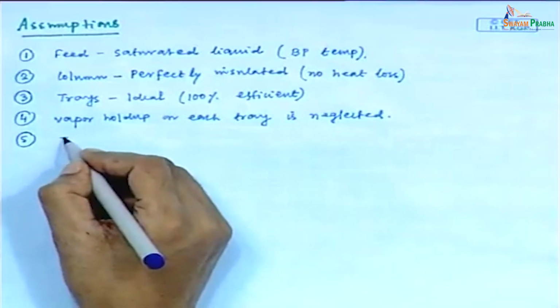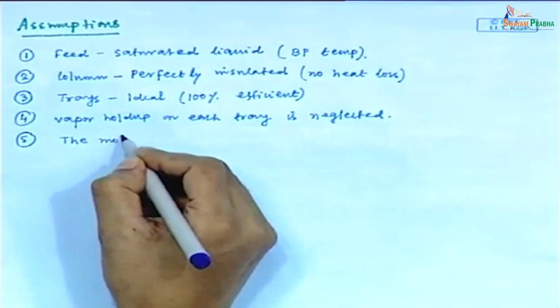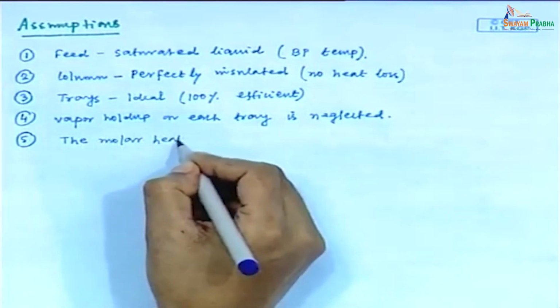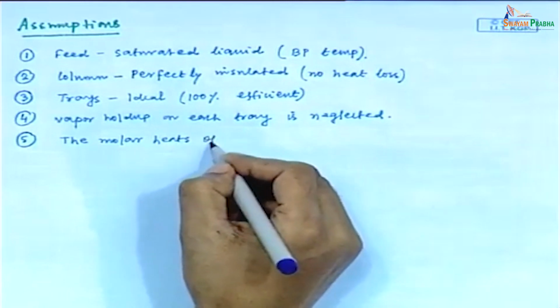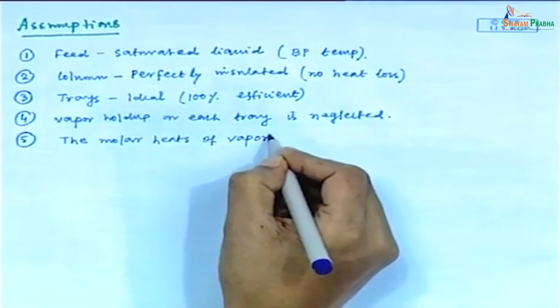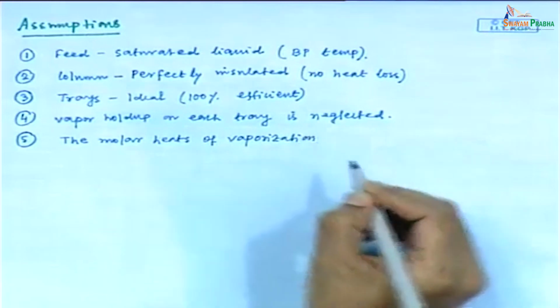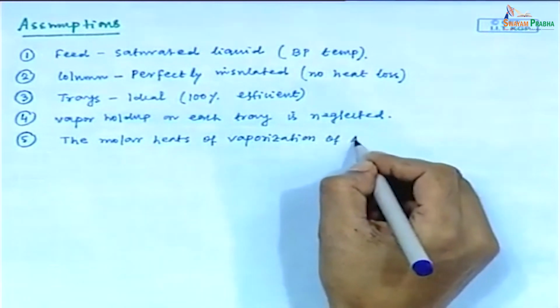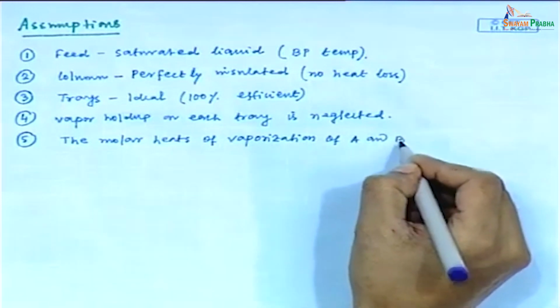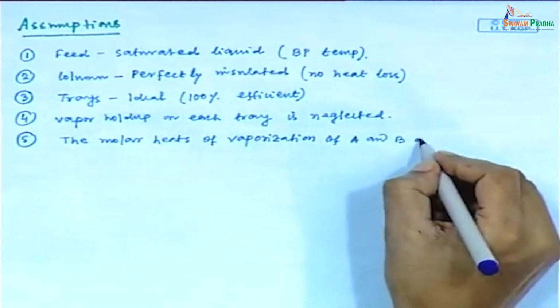For the high pressure column, the vapor hold up is considered on each tray. Fifth assumption is the molar heats of vaporization of both components A and B are approximately equal.